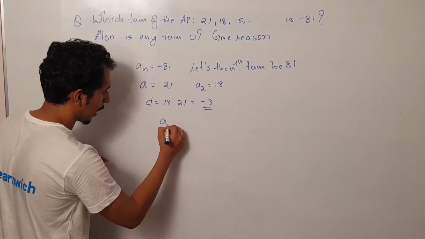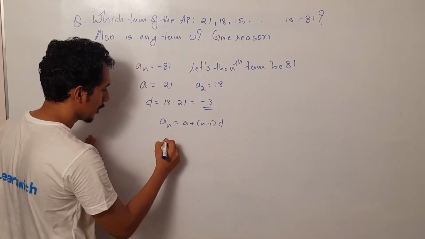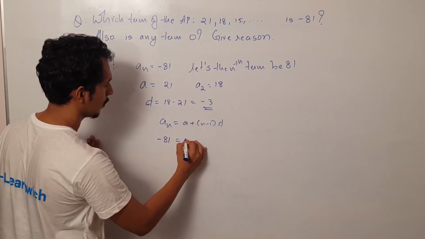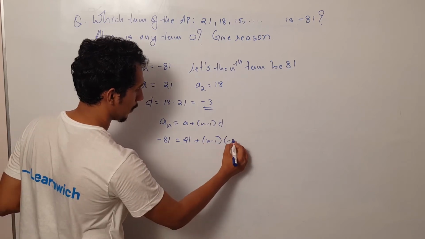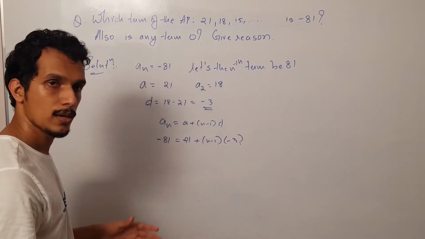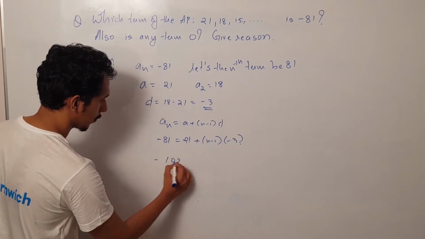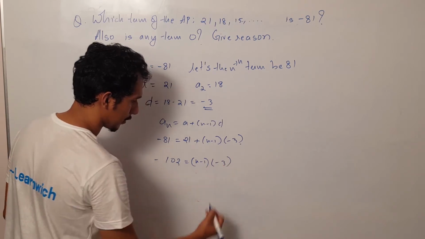Okay, so an is equal to a plus (n minus 1)d. An is what? Minus 81 is equal to, what is a? 21 plus (n minus 1) into minus 3. So when it comes to the other side, you get 102 is equal to (n minus 1) into minus 3.